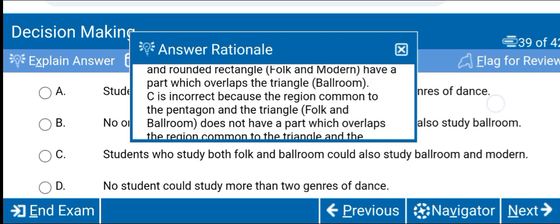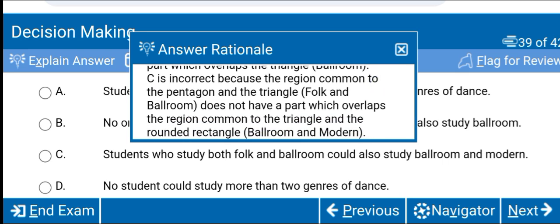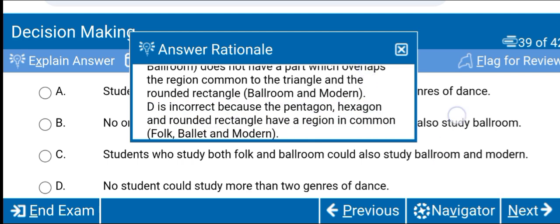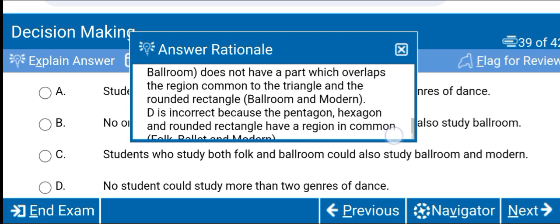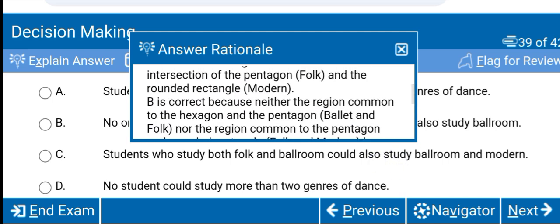C is incorrect because the region common to the pentagon and the triangle does not have a part which overlaps the region common to the triangle and the rounded rectangle. Option D is incorrect because the pentagon, hexagon, and rounded rectangle have a region in common, that is folk, ballet, and modern. So that's how the correct option is B.